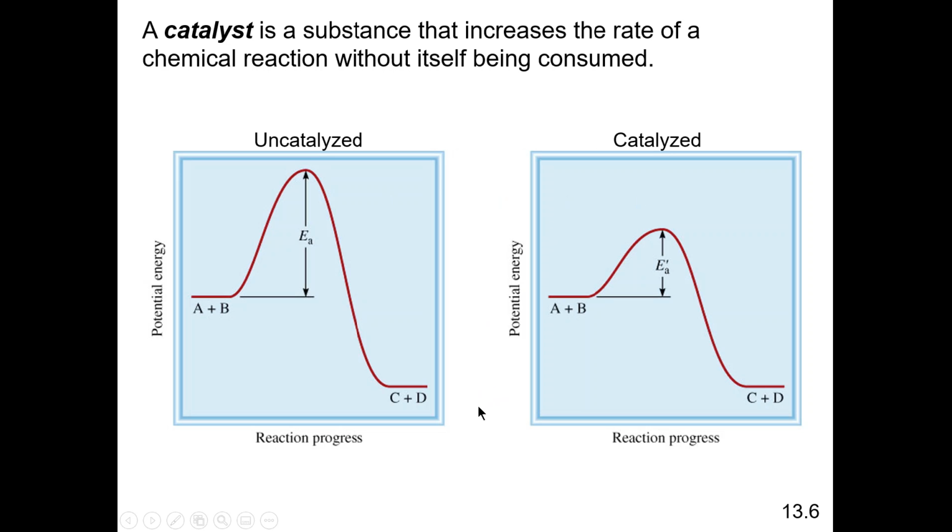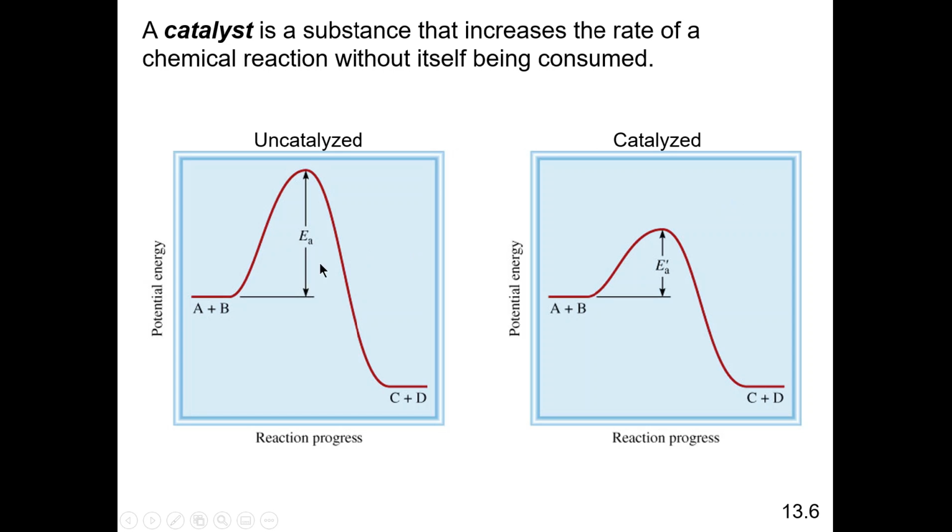And this that you see on the screen is somewhat of an explanation as to why that happens. Basically, what a catalyst does is that it enters the reaction to provide a different mechanistic pathway of lower activation energy. And if you lower the activation energy of a reaction, then you'll have more molecules having at least that activation energy, and therefore you have a faster rate of reaction to form products, right?